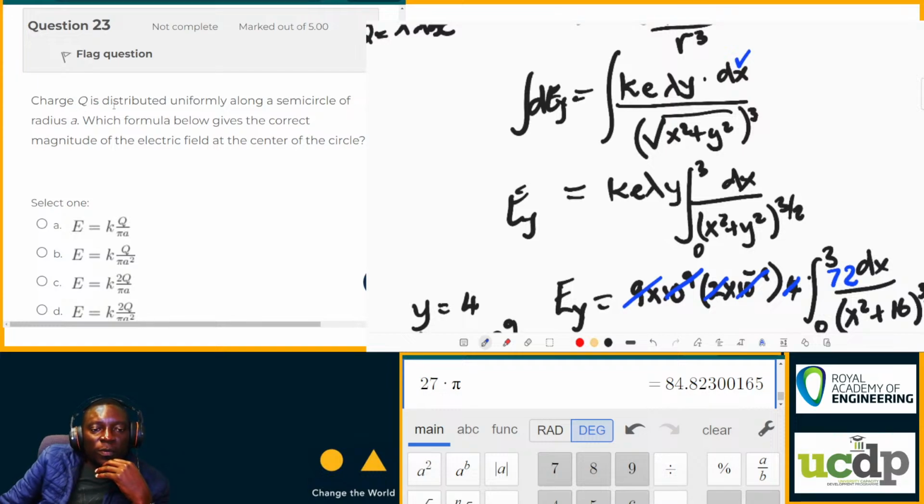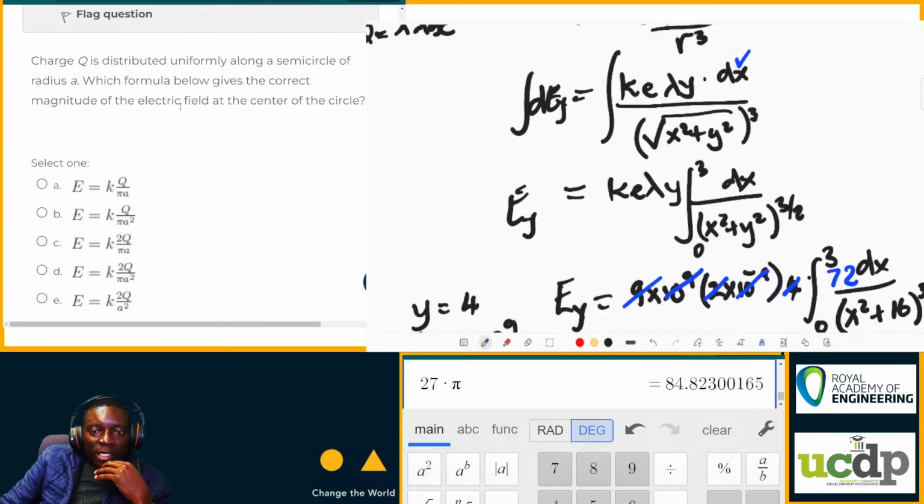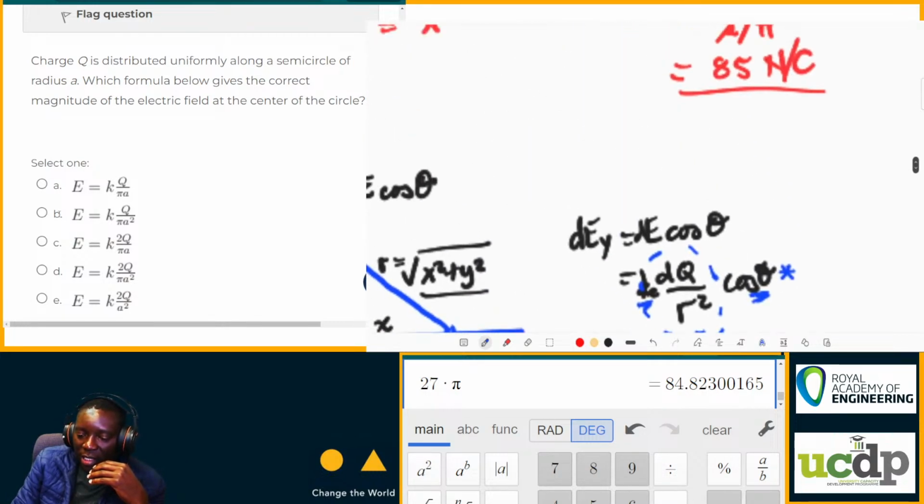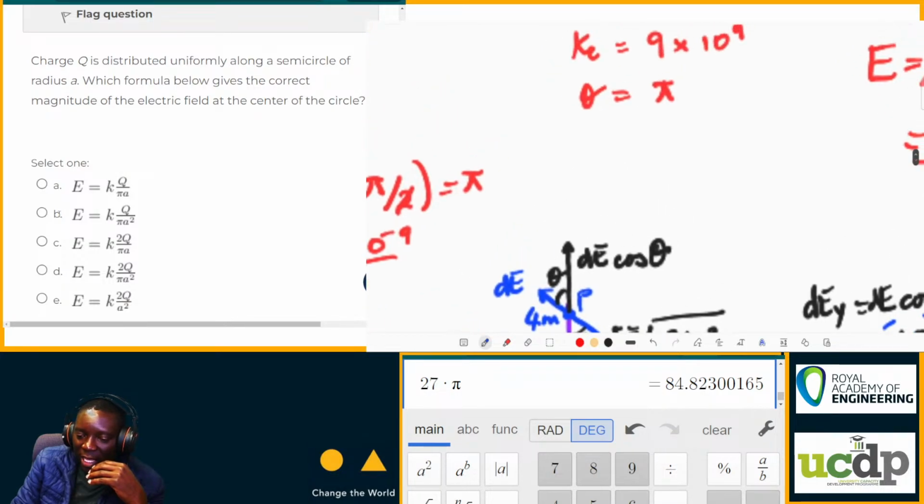So a charge Q is distributed uniformly along a semicircle of radius A. Which formula below gives the correct magnitude of the electric field at the center of the circle? We've already done something like this. If you can refer to what we have done and please give me an expression, I'll be very, very happy.